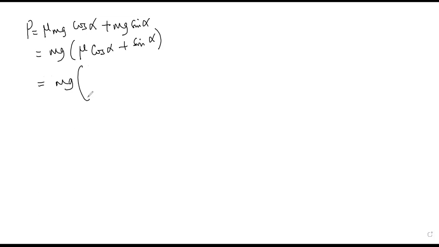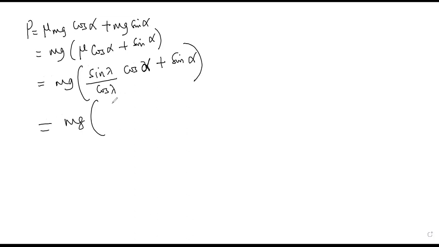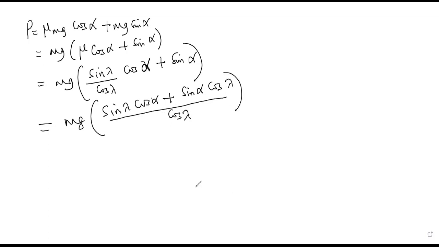Instead of mu, we shall write sine lambda over cos lambda, times cos alpha, plus sine alpha. So this is going to be mg into sine lambda cos alpha plus sine alpha cos lambda, over cos lambda.